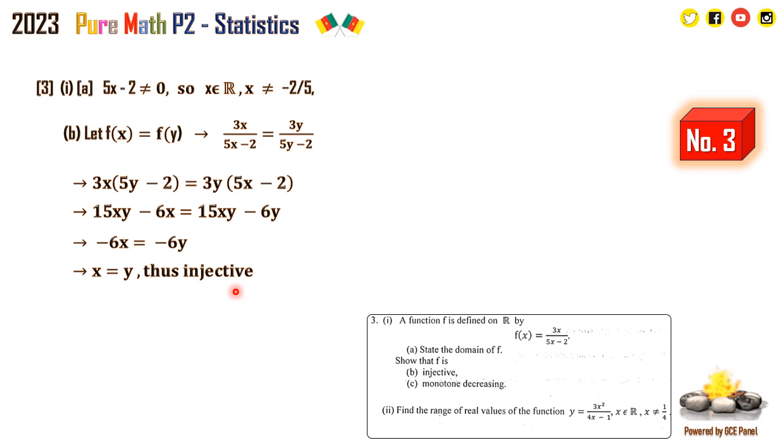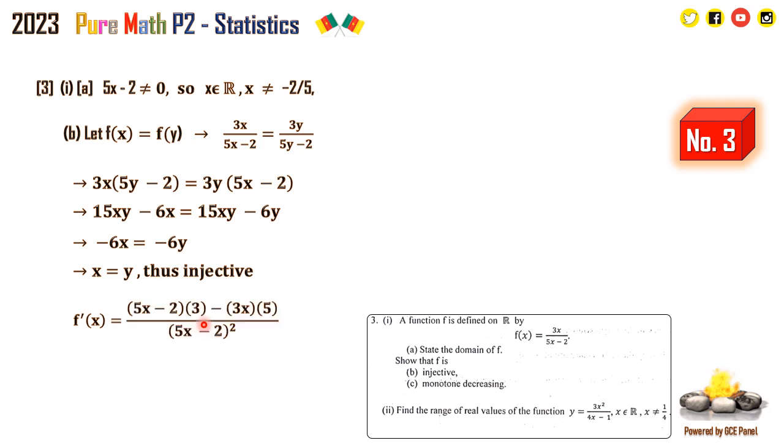Now they want us to show that f is monotone decreasing. For you to show that the function is decreasing, just find f prime of that function, that's the derivative, and show that the derivative is always negative. But if they give an interval, you can show that it's negative on that interval. That's the gradient function. So here we're going to find f prime of x. That's for the C part.